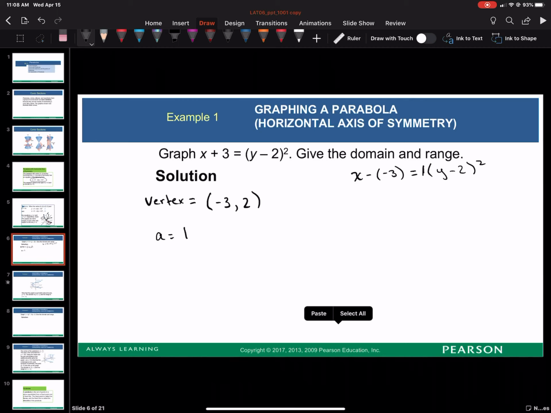So now, if we need to find anything else, we just need to find some points on the graph. You graph this just the same way you would graph anything else. So let's make us an x-y table or chart. We already know one of the points is (negative 3, 2). Let's say we put negative 2.